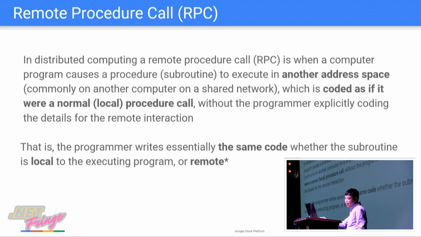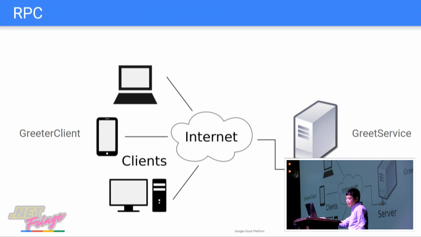You can read all of it on Wikipedia if you are interested. This diagram shows how an RPC client interacts with an RPC service. The client runs on a computer, mobile device, or any IoT device. There are many different ways for clients to talk to a server. RPC is one way that makes the task simple and standardized.